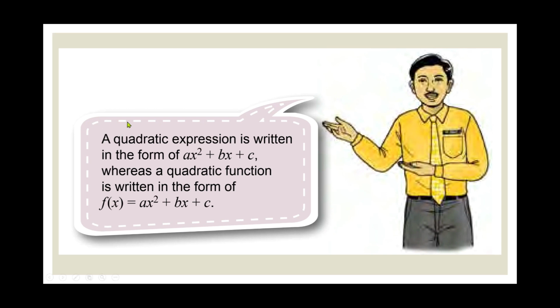So you look at the given answer from the teacher. A quadratic expression is written in the form of ax squared plus bx plus c, whereas the quadratic function is written in the form of f(x) is equal to ax squared plus bx plus c. So the only difference is the addition of this part here.